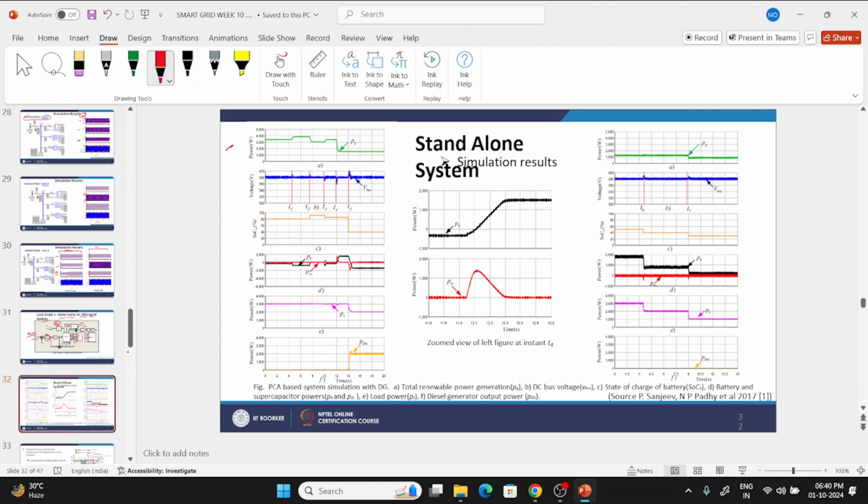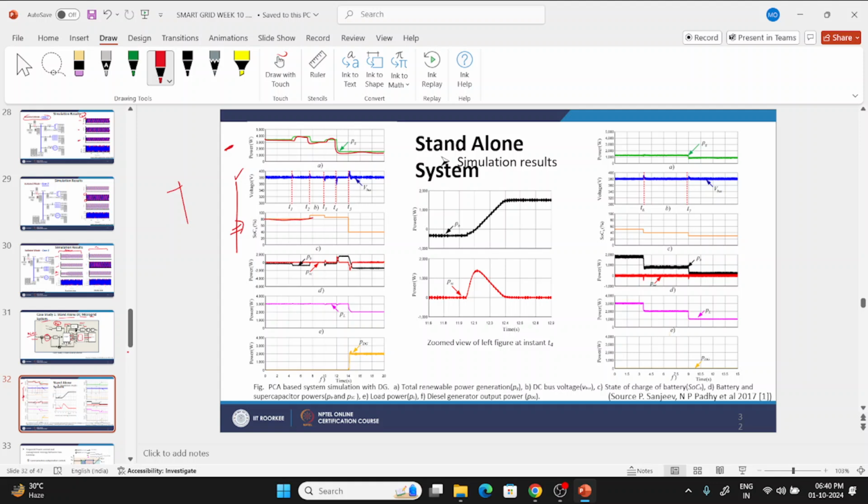In figure one, the variation of power generation is shown in green like this. This shows the DC bus voltage, at the DC bus where all these DERs and the load are connected. C shows the variation of battery SOC.